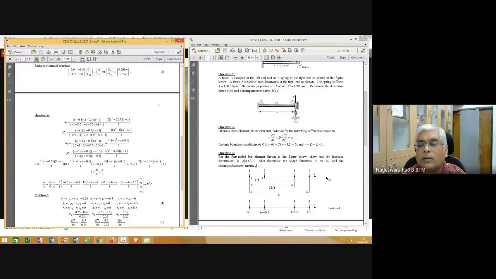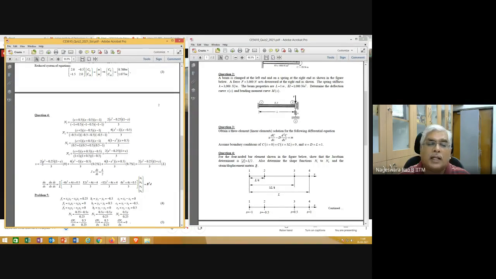X as a function of S is equal to sigma Ni Xi, where the summation goes over all the nodes. So there are 4 nodes here. So X is equal to N1 X1 plus N2 X2 plus N3 X3 plus N4 X4.